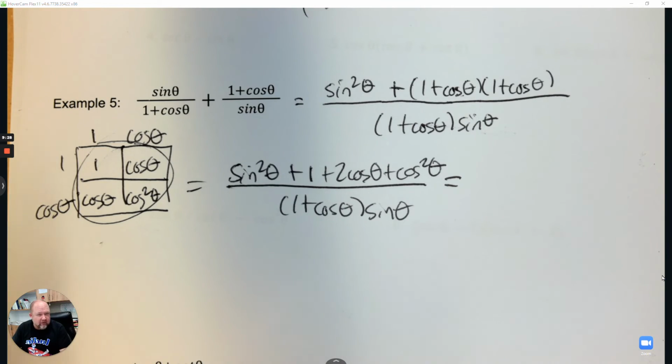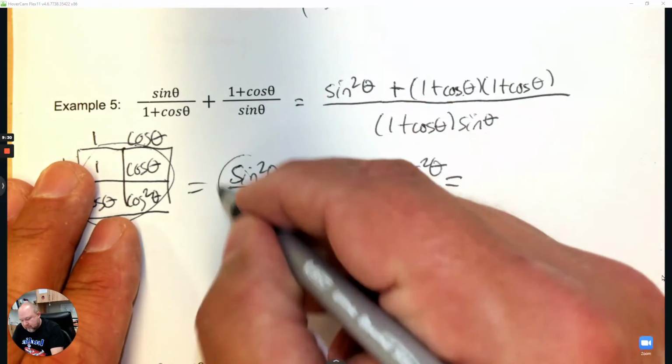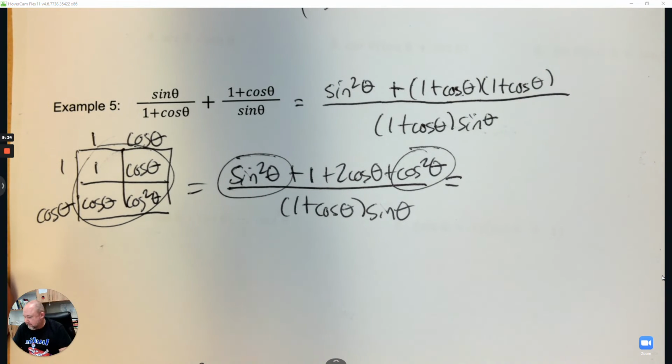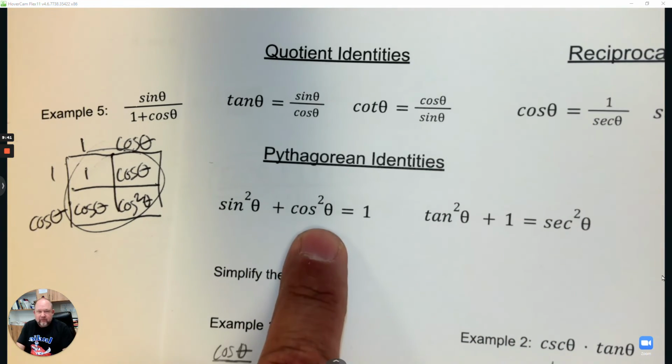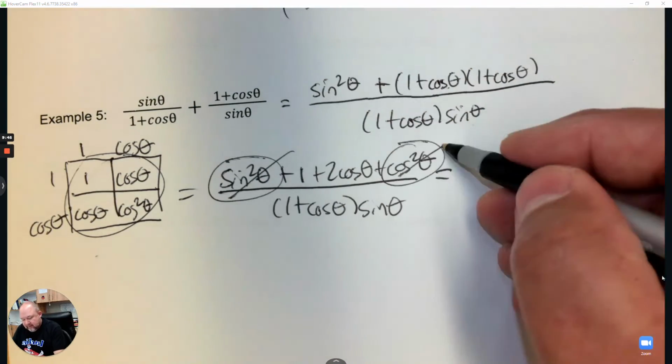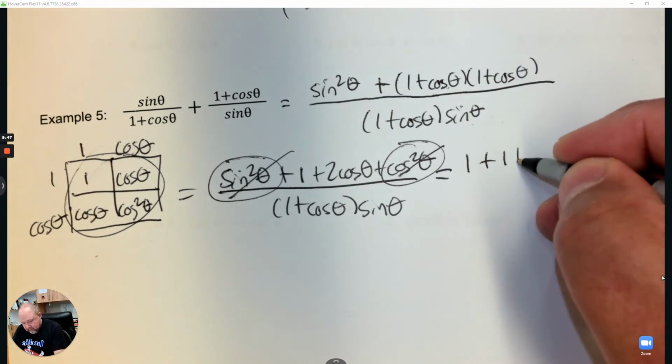What do I see that could help me simplify it? So often when I see squared terms, that obviously reminds me of the Pythagorean theorem and the Pythagorean identities. So sine squared plus cosine squared just equals 1. So then I can replace these with a 1 to simplify it.